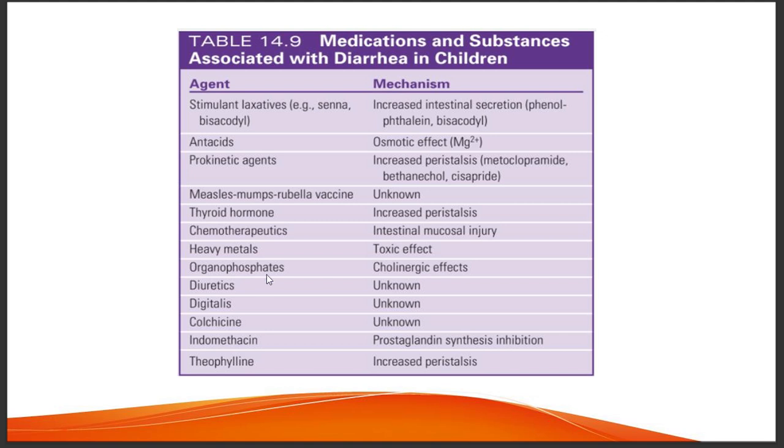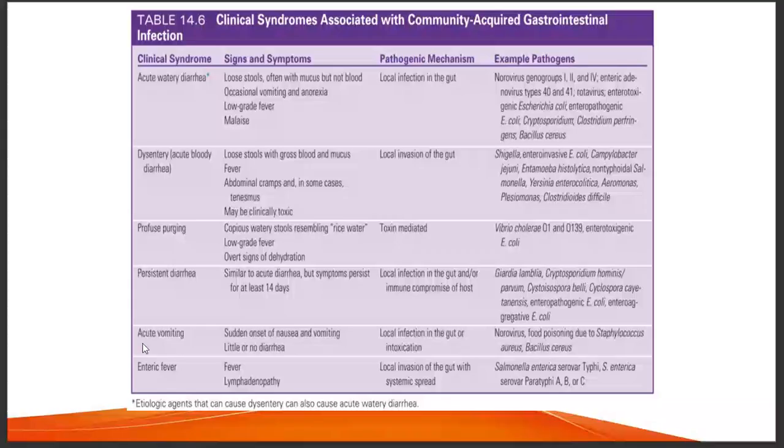Okay, this is because the parasympathetic is rest and digest, and it actually increases GI motility. So organophosphates are parasympathomimetic, so they have got cholinergic effects. They stimulate motility. Diuretics also, digitalis, colchicine, indomethacin, which is a prostaglandin synthesis inhibitor, and then theophylline, which also increases peristalsis.